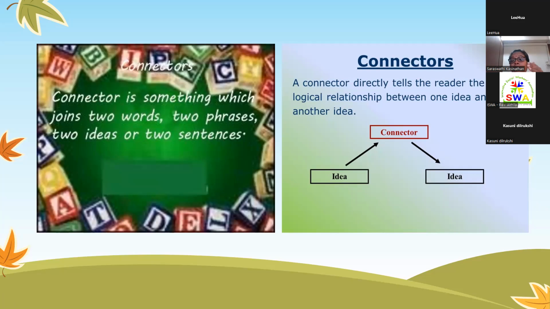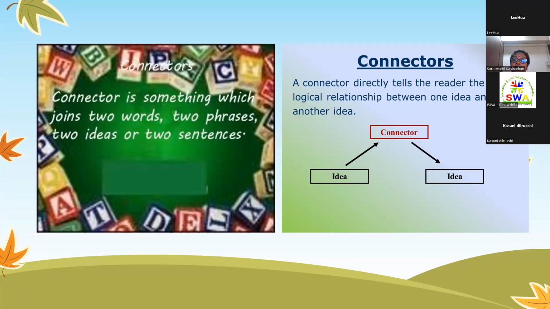There are a couple of words that represent connectors in a sentence. A connector directly tells the reader the logical relationship between one idea and another. Normally if you have only one thing to say, you say it and end with a full stop.